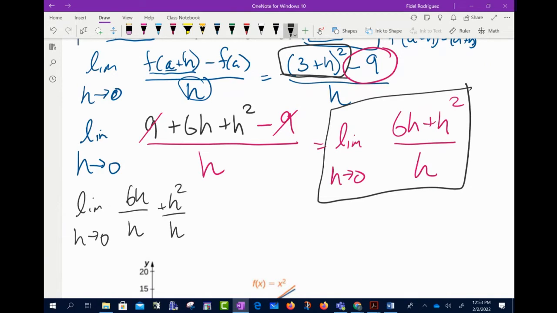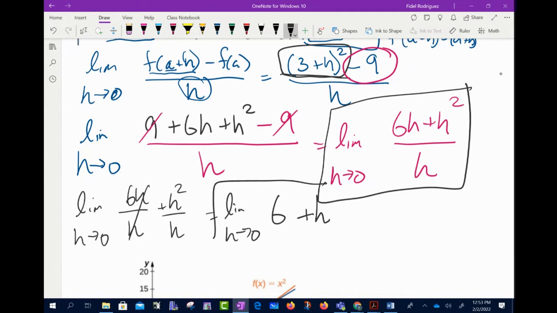If I have two parts on the top over the bottom, I can just write them with this one over that and this one over that. Wouldn't these h's cancel here? Right, because I got one upstairs and one downstairs. Okay. So this would be the limit as h goes to 0 of 6 plus, isn't h squared divided by h just another h? Because there's 2 on the top and 1 on the bottom, so if I cancel the one on the bottom with one of them on the top, I'd still be left with one upstairs.